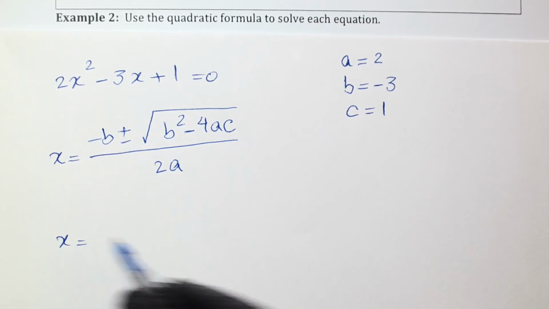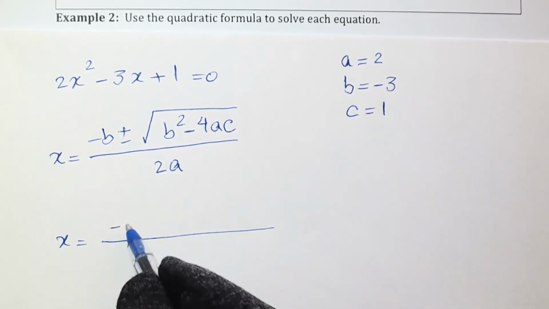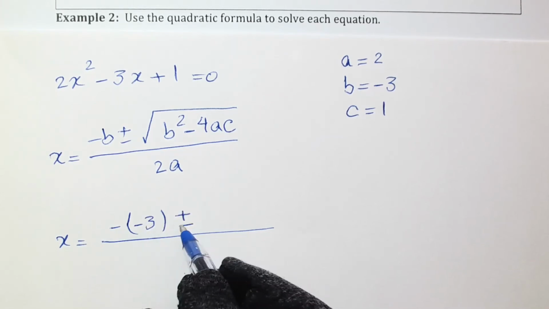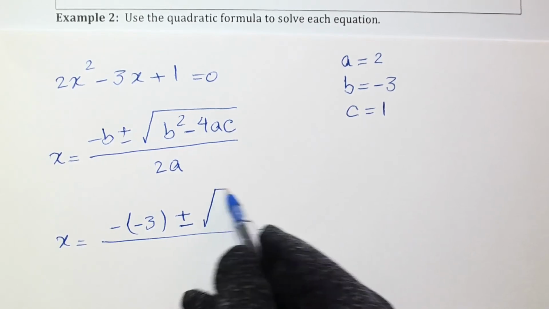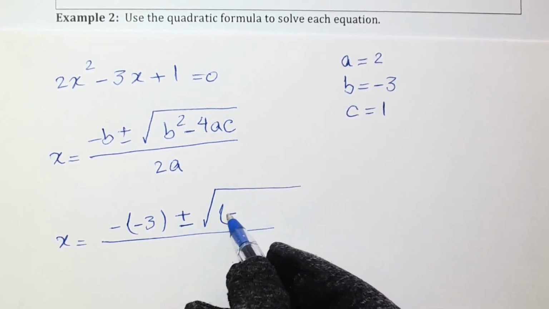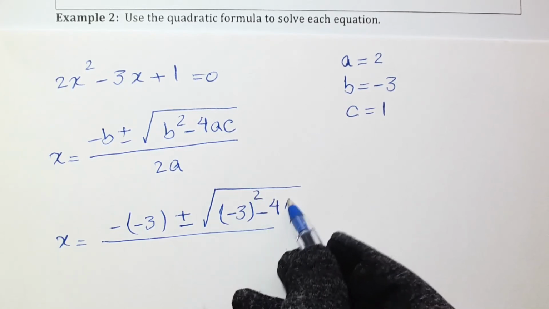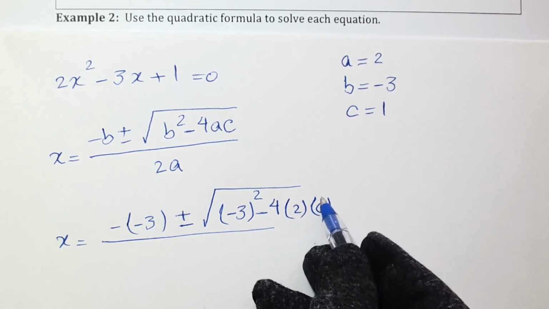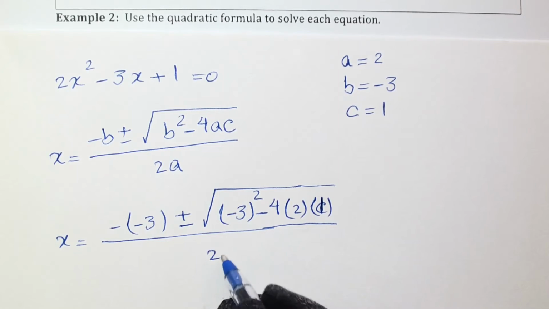Now, if I substitute, b is negative 3, so minus b means minus negative 3. Plus or minus here means we have two answers. Now, square root of b squared means negative 3 squared minus 4 times a times c. c here is 1. Divide by 2 times a.